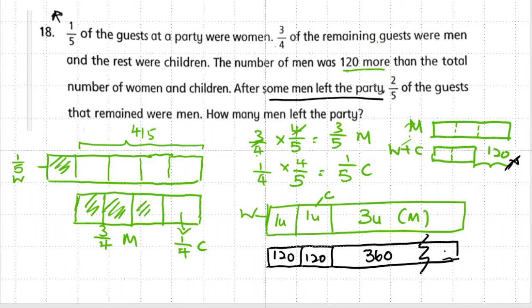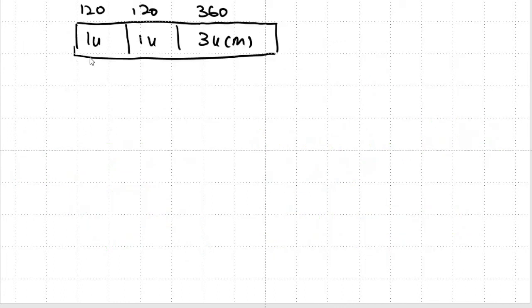But then some of them left, resulting in 2/5 of the guests that remain. So where are the guests that remain? Can I draw this back here? Give me a minute. Okay, so this is the one.